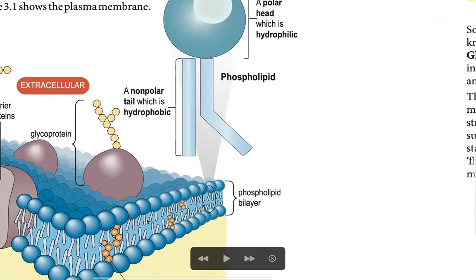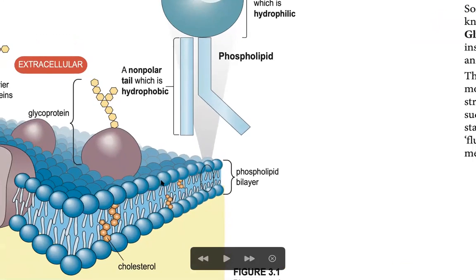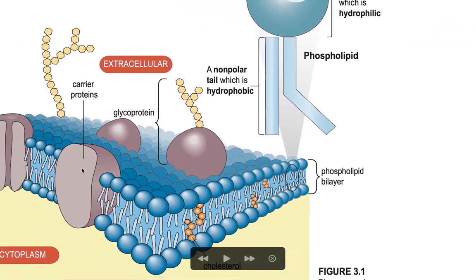If you see the blue color, and then it has tail at the top and also at the bottom. Both of these, top and bottom, are called a phospholipid bilayer. And then the second one is protein.